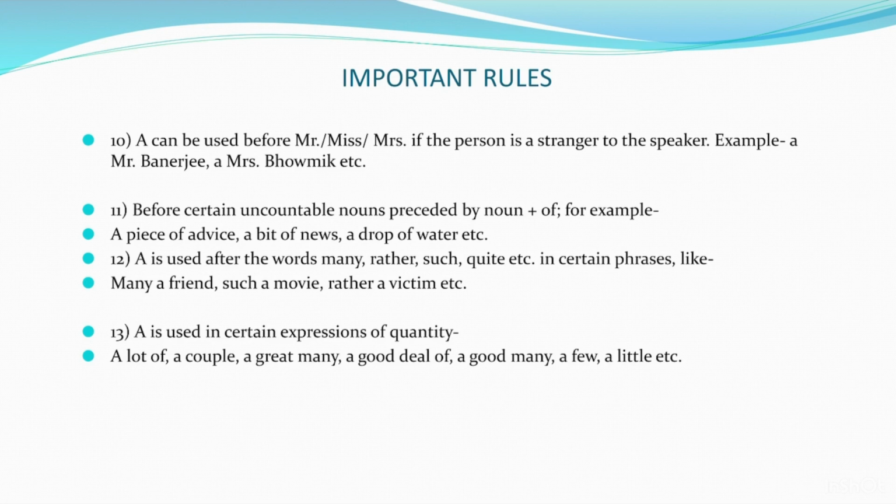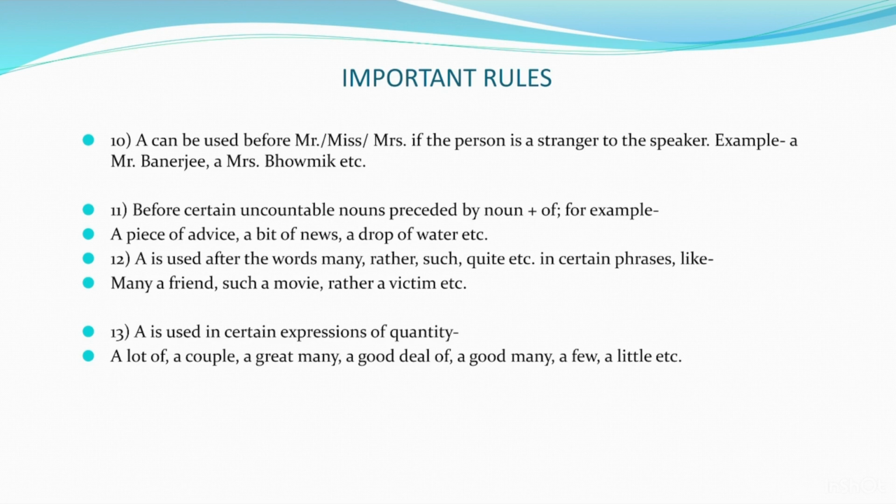Before certain uncountable nouns preceded by noun plus of. Okay, this is the kind of structure that you will find in these kinds of phrases. For example, a piece of advice. Okay, so advice is uncountable noun and it is preceded by a noun plus of, piece of.